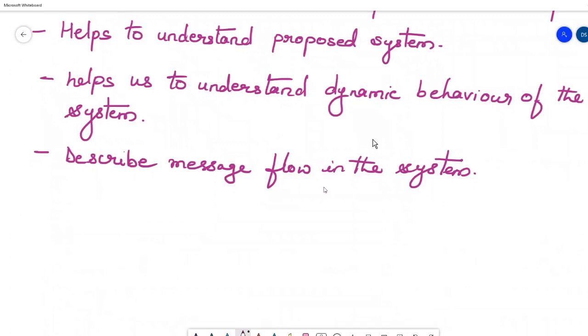Here we have to define the objects. Next, messages. Message flows among objects.